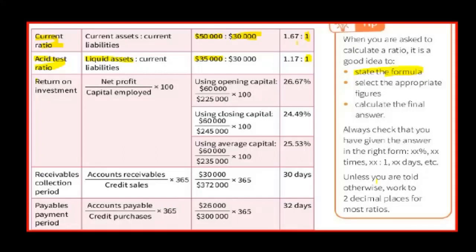Return on investment: we have net profit over capital employed, multiplied by 100. We could use the opening capital as the capital employed, or the closing capital, or we could take an average of the two. I'll just flip back over here.